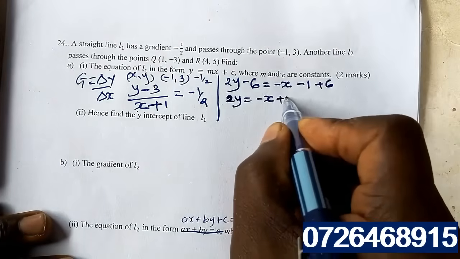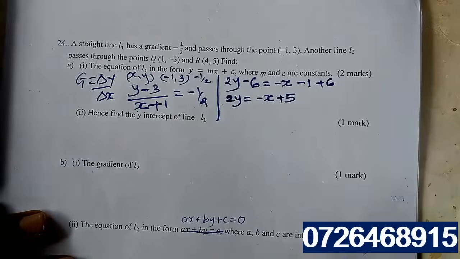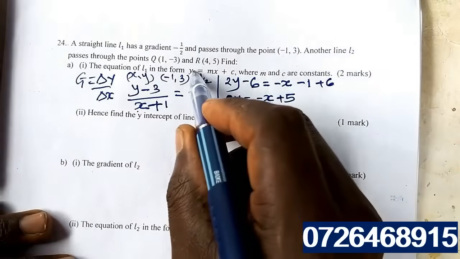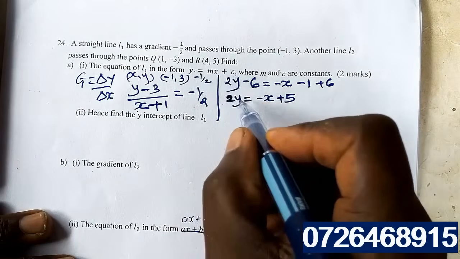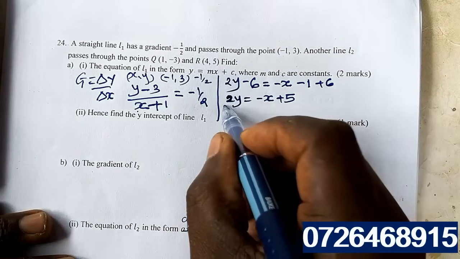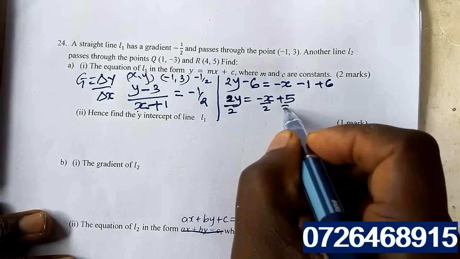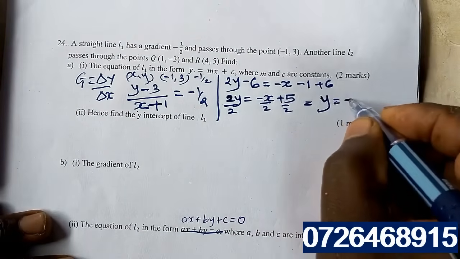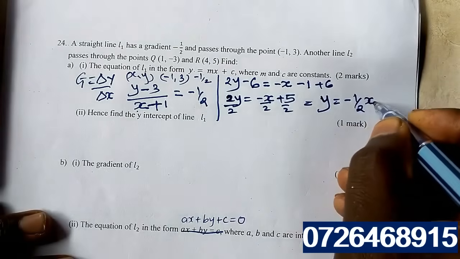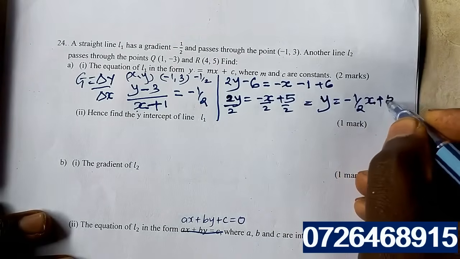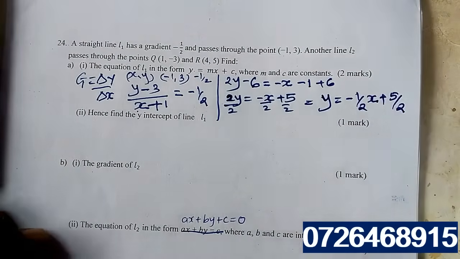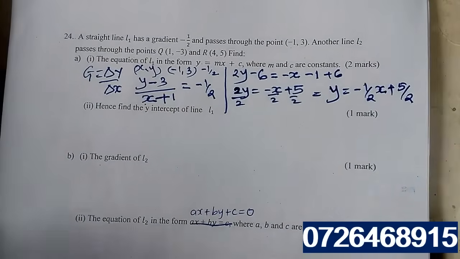So we will have plus 5. Then we were told y is equal to mx plus c. So we want y to remain on the left side, so you divide by 2 every term. So our final equation will be y is equal to minus 1 over 2x plus 5 over 2. That is the final equation of line 1.